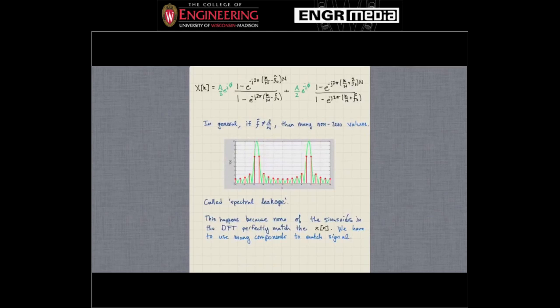Okay, so let's take a step back and look again at that expression for X of k. Remember we had this general expression for X of k before we plugged in. On the last slide we took the same expression and plugged in f naught equals L over n. We're not going to do that now.